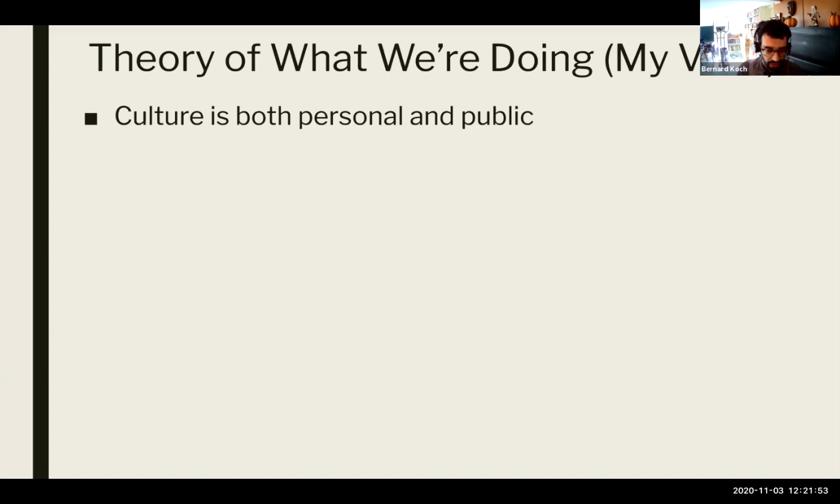Culture exists. Culture is both personal and public. It exists in people's brains in terms of beliefs, skills, values, practices, mental representations. And it also exists in the products of social action. These are things like institutions or material objects, which we focus on here, public representations, relational structures.